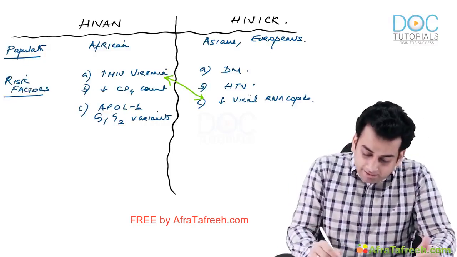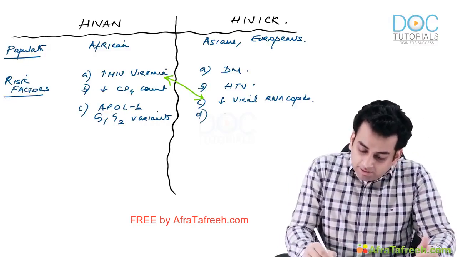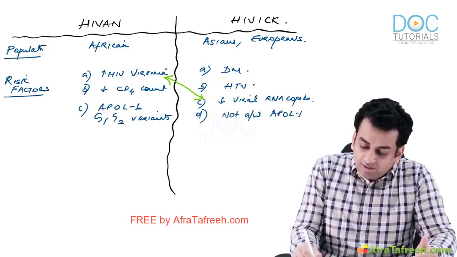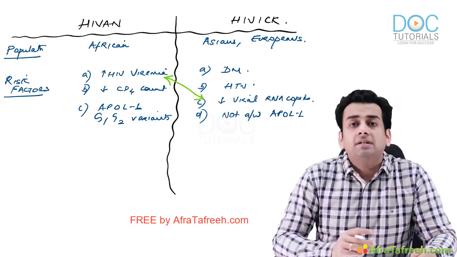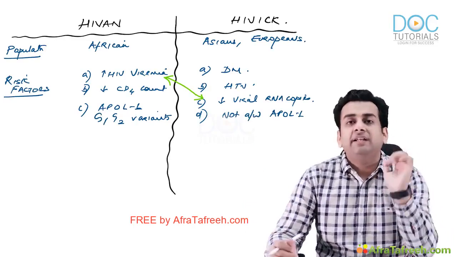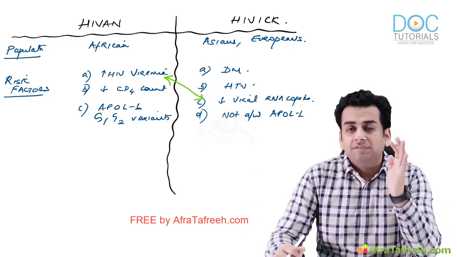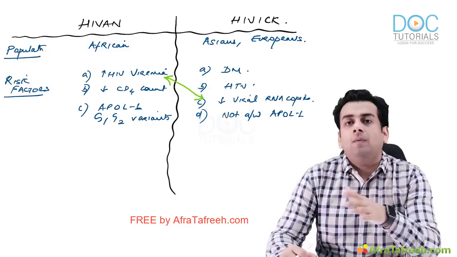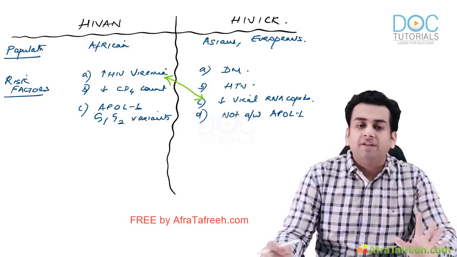And the very important difference being it is not associated with APOL1 genetic variants. There is no association of HIVICK with APOL1 genetic variants. It is the HIVAN which is associated in the Africans with the APOL1 G1 G2 genetic variants.